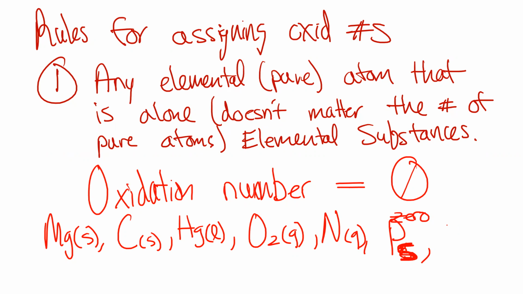You could have palladium 10,000. I don't care if it's by itself. These all have the same oxidation number, and that oxidation number is 0. Okay? Straightforward? Makes sense. Pure elemental substances, doesn't matter the number of them. As long as they're alone, the oxidation number is 0. Next, rule number 2.